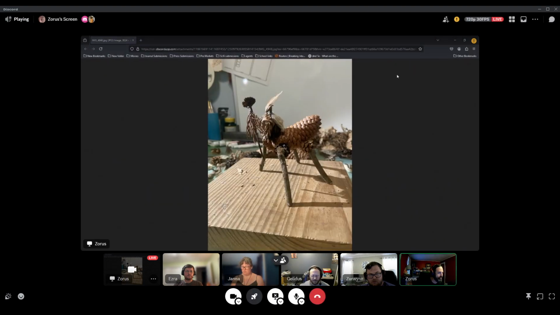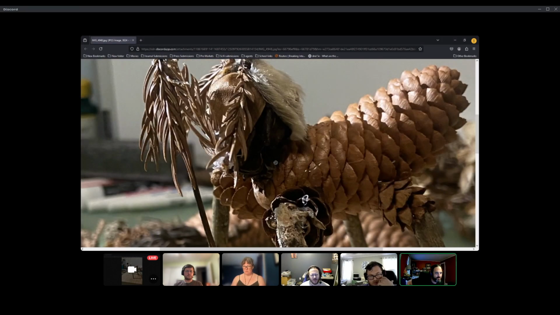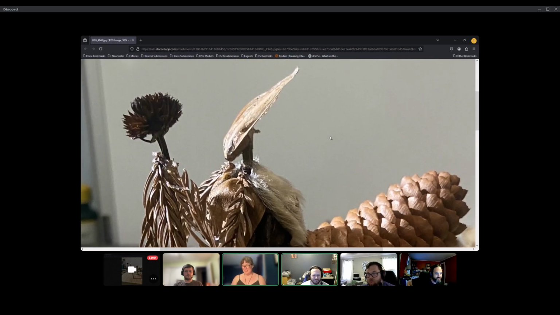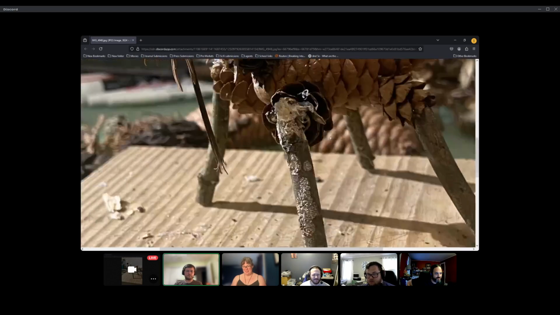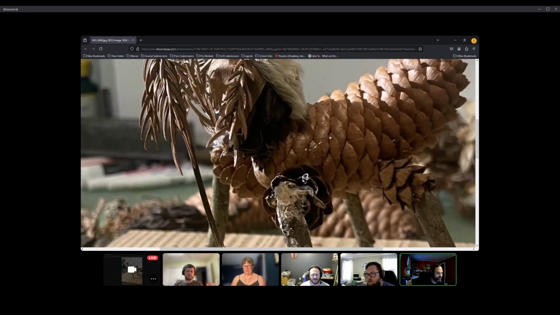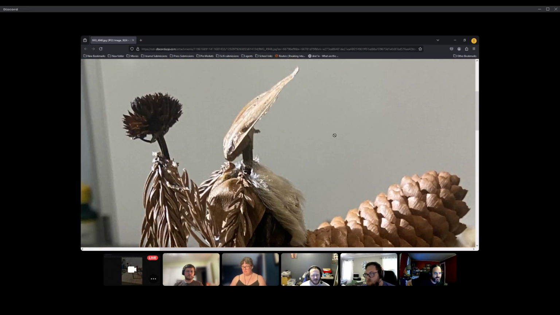Now we have a nice close view. Whoa, I can get real close. It's called the zoom function. It depends on how high res the photo is. It's a pretty good one. It's even got a face. How did you do that? Did you carve it?